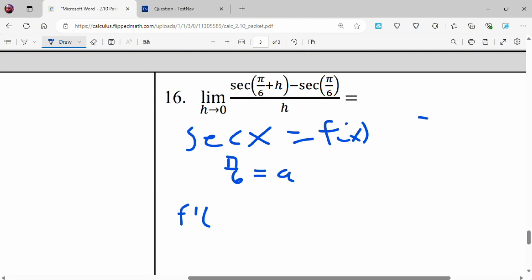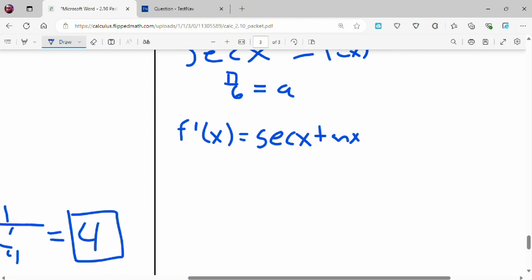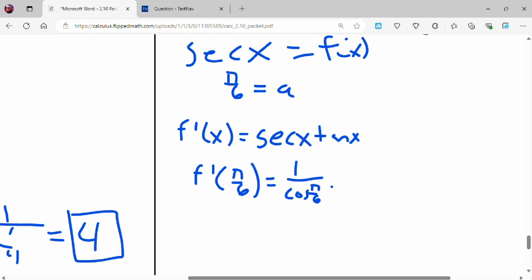So f prime of x, the derivative of secant, is secant x tan x. So f prime of pi over 6, which is our a, is 1 over cosine pi over 6 times sine pi over 6 over cosine pi over 6.